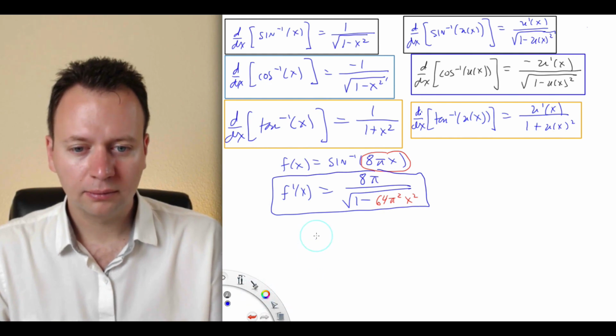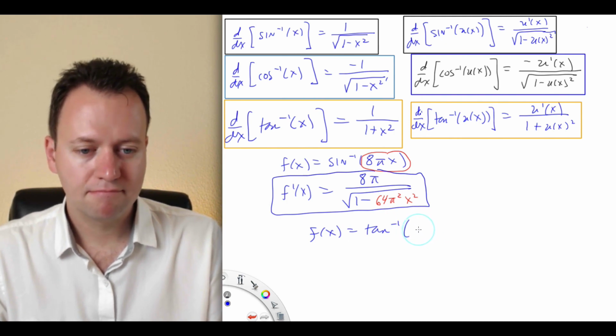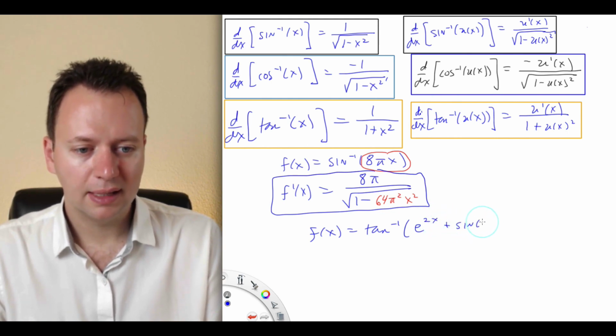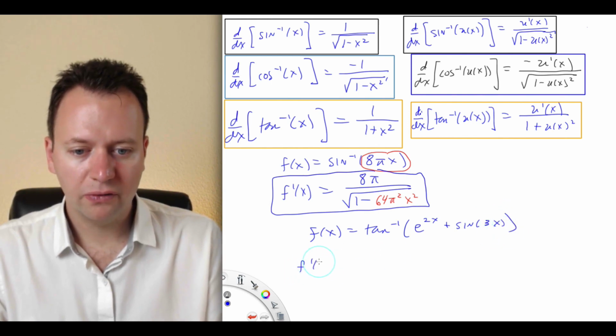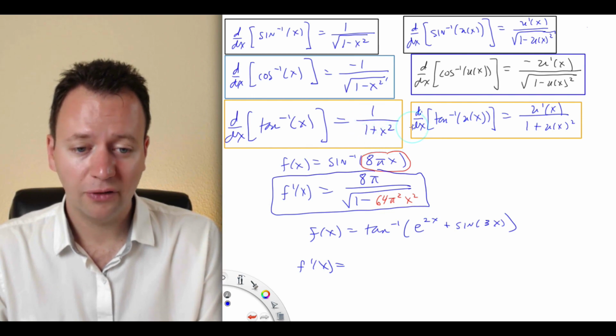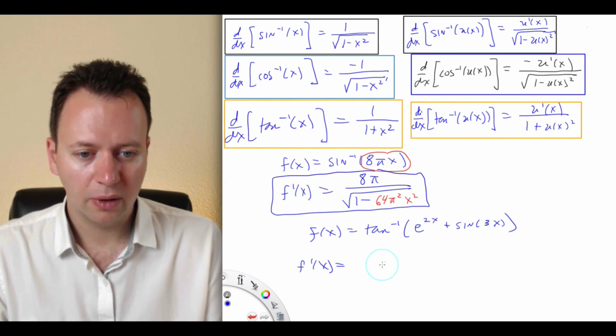Another example, let's say we have arctangent of e to the 2x plus sine of 3x. Well, for the derivative, you're just going to use the derivative rule for arctangent, 1 over 1 plus inside function squared, or 1 over 1 plus u of x squared.